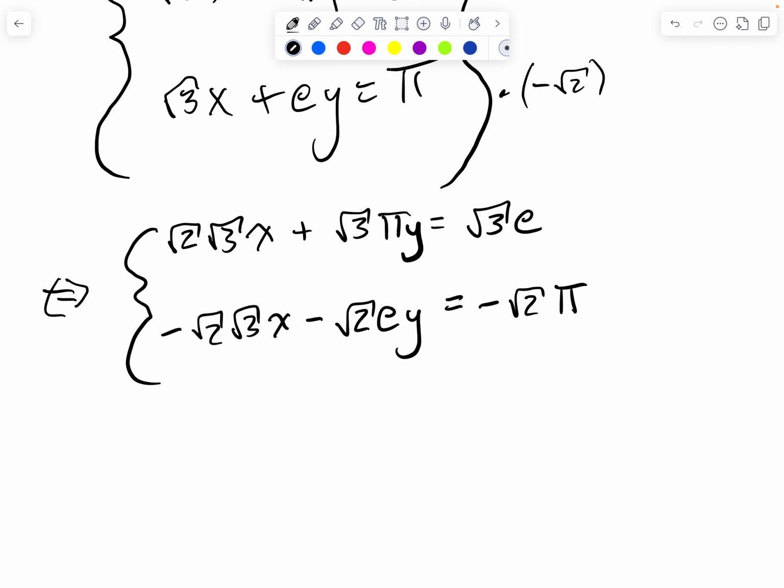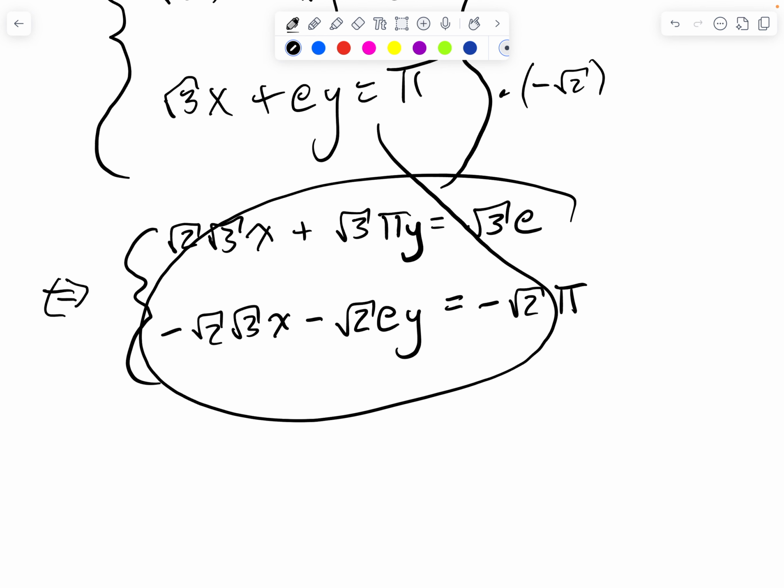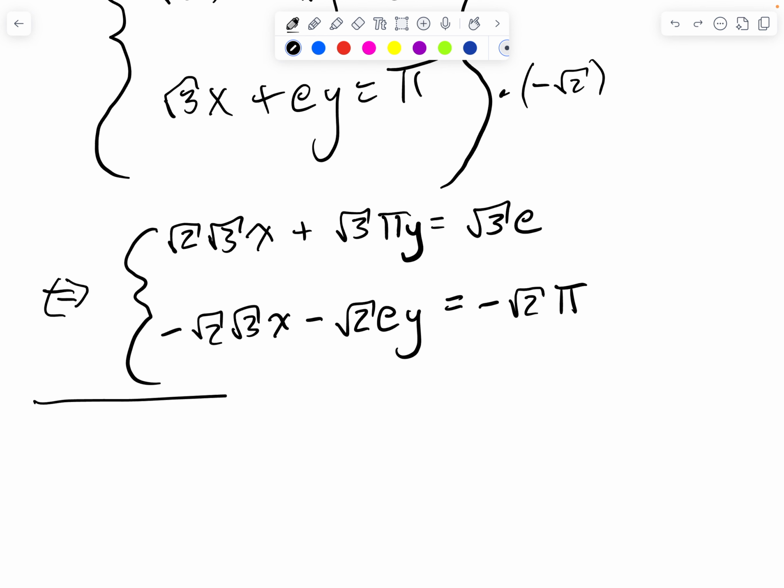Now, why did I do that? Because these are the exact same two lines as those. And now, addition method. Those cancel out. Notice I could have turned that into the square root of 6, but why? That's just extra work that doesn't need to be done.